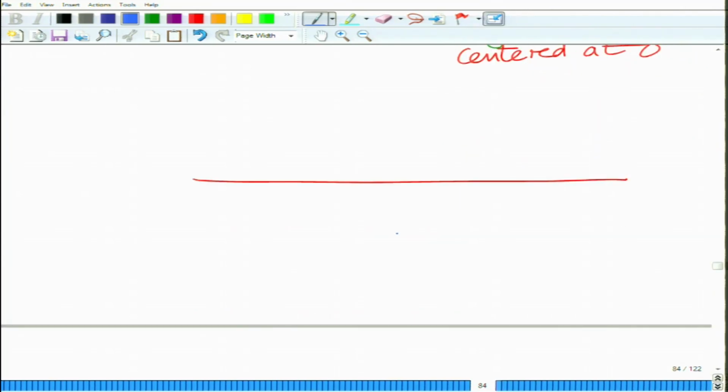I am just going to draw it. This is from minus pi alpha to pi alpha, height 1 over alpha, and this is your 1 over alpha p of 2 pi alpha, and this is the Fourier transform of sinc alpha t.